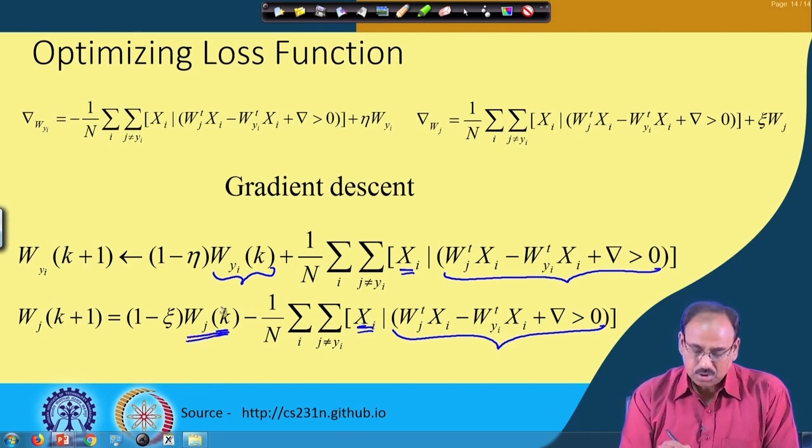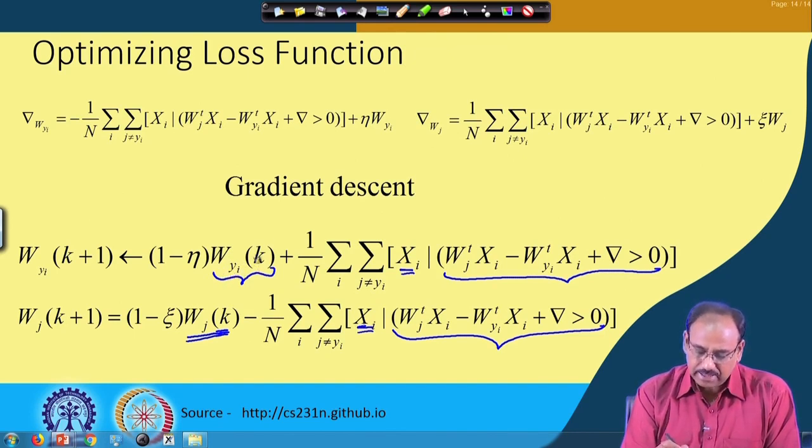Okay. So, if you look at these two gradient descent steps, first you are modifying Wi, which was there at the kth instant, by the regularization term.